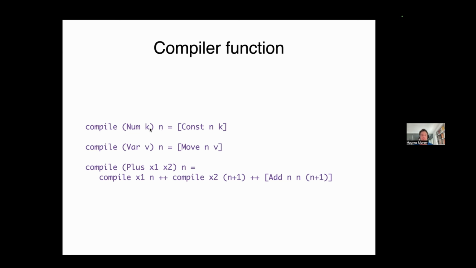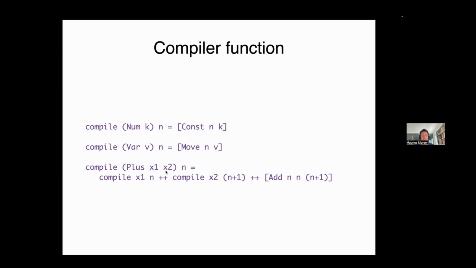The constant k, we just turn it into the constant instruction that takes the constant and plugs it into the register n. A variable, now this one produces a move: it looks up the content of register v and puts it into register n. And this also shows another convention I'm using here, that variable names in the source correspond to register names in the target below n.